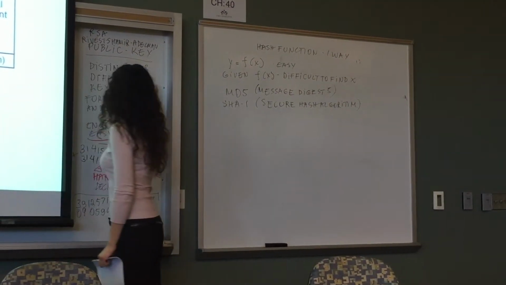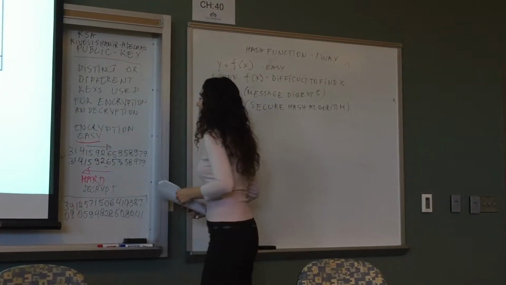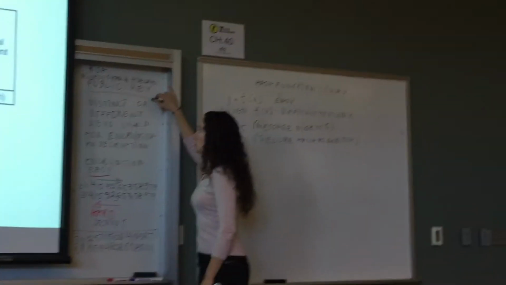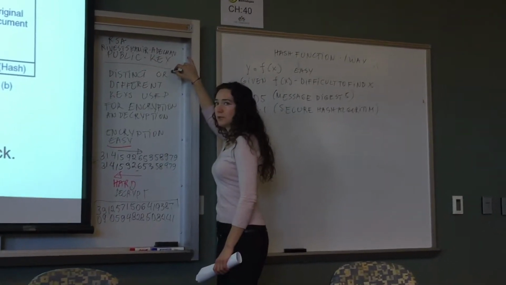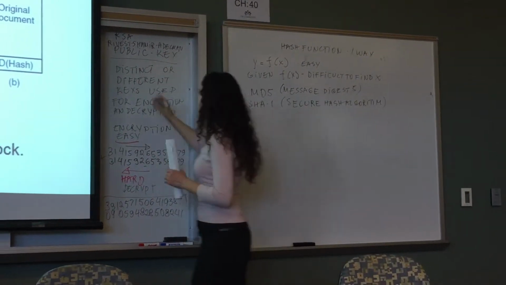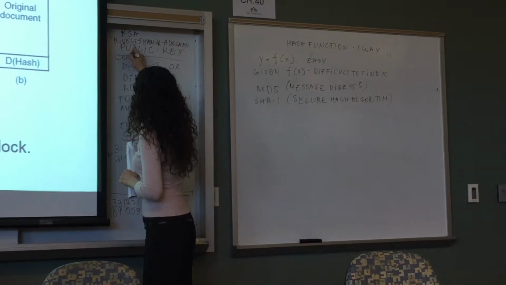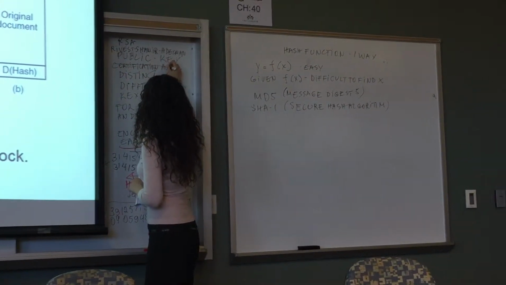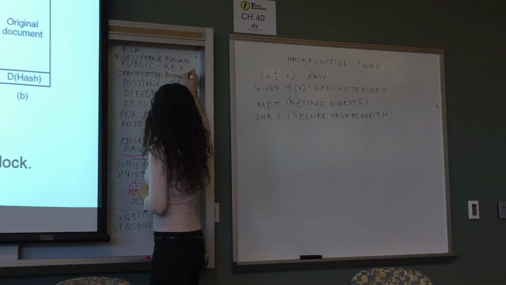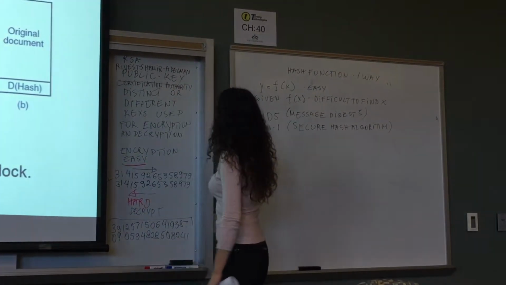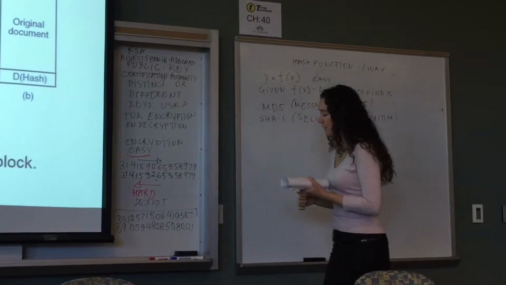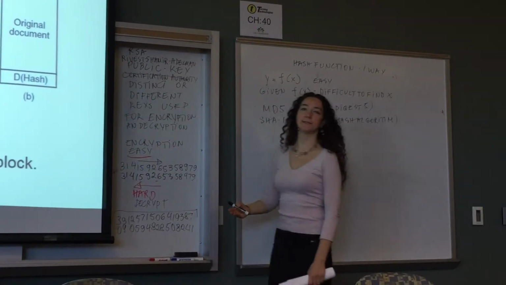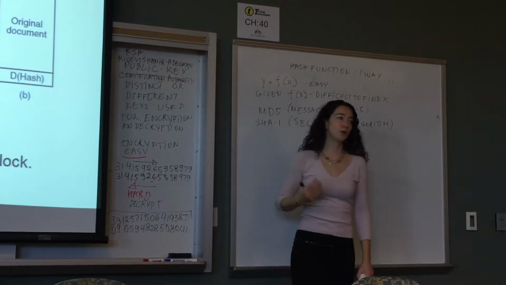Now, when we talked about these public and private keys, these are actually obtained by a third party called a certification authority. This is a third party authority which verifies our identity, that we are who we say we are.